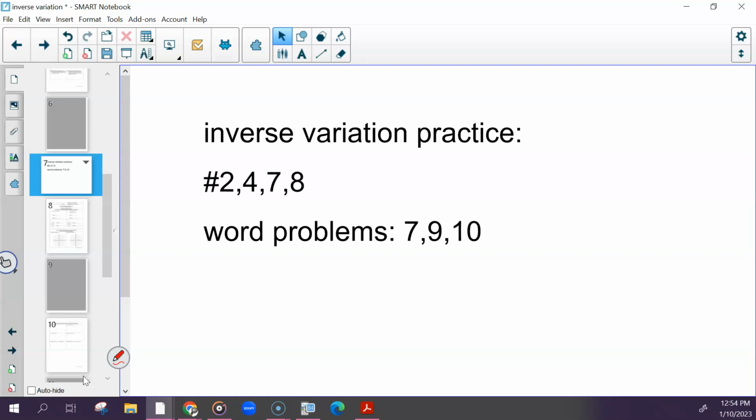So in the inverse variation notes at the very last couple of pages, you could do numbers 2, 4, 7, 8, and then in the word problems 7, 9, and 10, or be working on Khan Academy. You must be working on one of these things, not on your phone, not doing other schoolwork. So make sure you're working on one of these things. Let me know if you need my help, have questions, I'll be around.